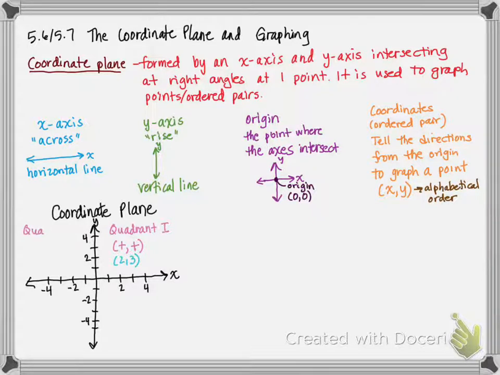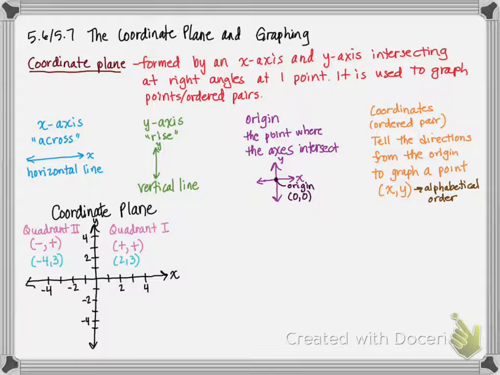So quadrant 2 is going to be 2 Roman numeral i's. Our x's are negative, but our y's are positive. So an example of an ordered pair that would be there would be -4, 3.